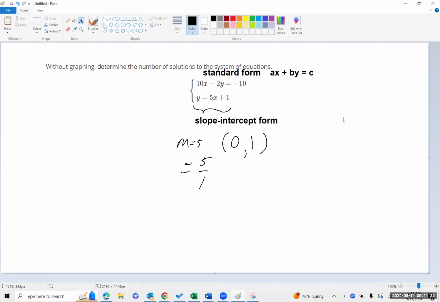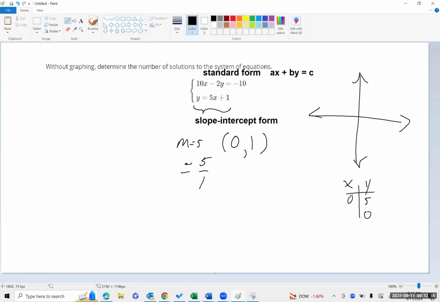Okay. We'll get into that later. It's also sometimes useful, if you're thinking of graphing, and we might as well, since we did a rough sketch of a graph, it's nice to have things in standard form because you can find the x and y intercepts. So if x is 0, y is 5.